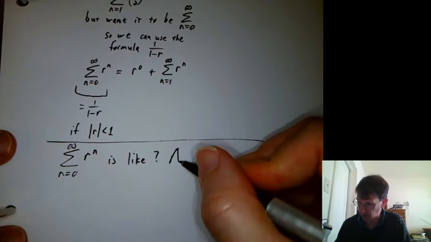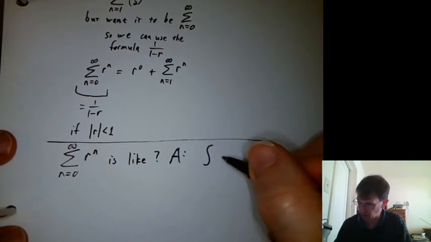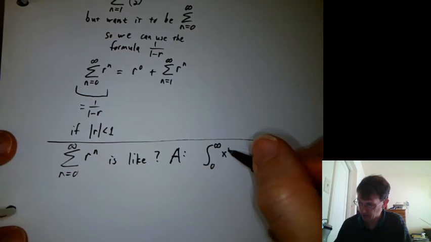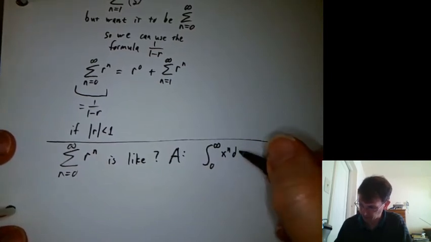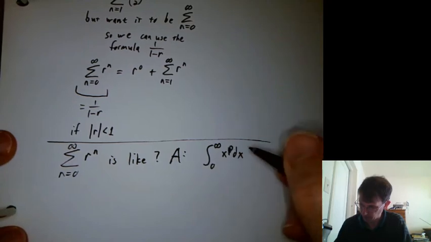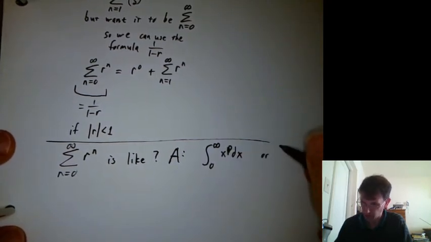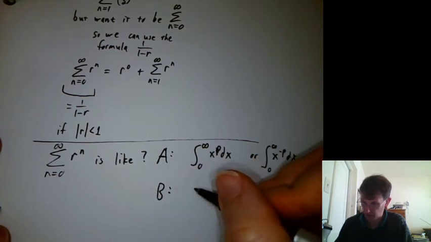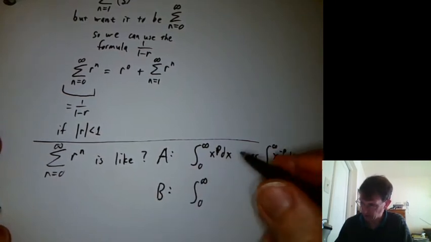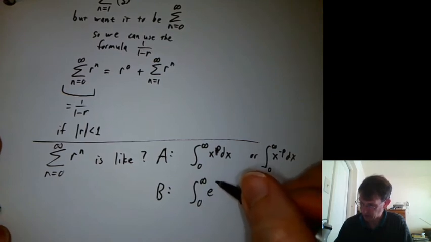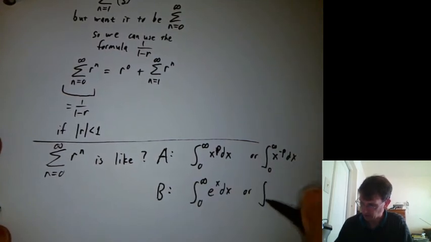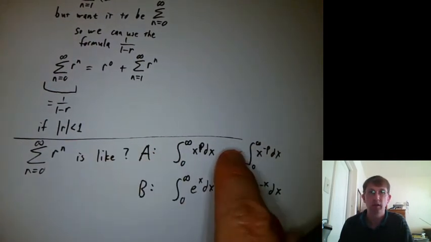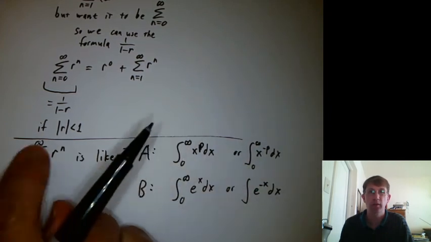So we'll say option A would be the integral 0 to infinity x to the p dx, or you could say the integral x to the negative p dx, or option B would be the integral 0 to infinity something like e to the x dx, or integral e to the negative x dx. Which one of these two options is more like this one?